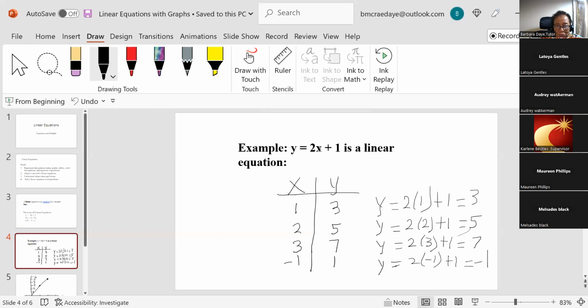If X is 3, 2 times 3 is 6, plus 1, Y is 7. When X is minus 1, we have 2 times minus 1 is minus 2, and minus 2 plus 1 equals minus 1. Any questions on a table for linear equations?